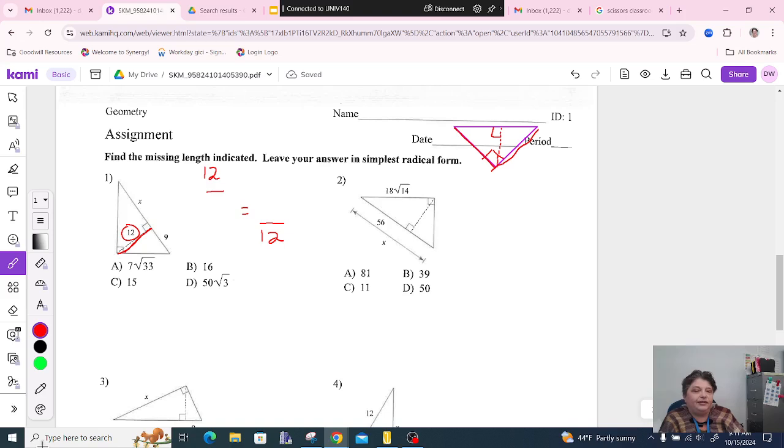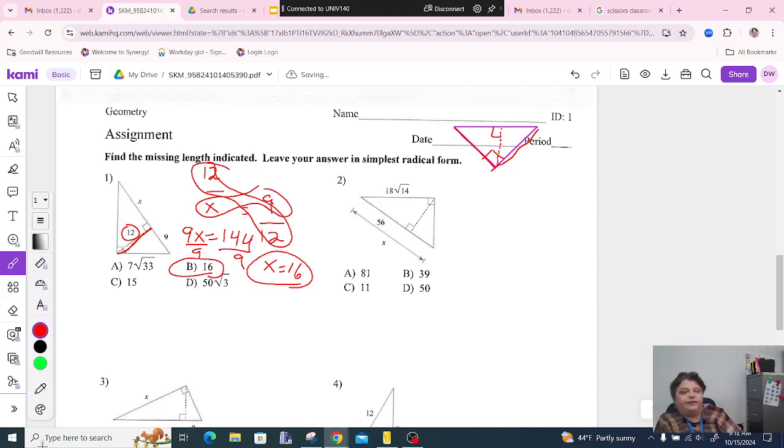So I'm going to do x and 9, right? It doesn't matter. I could have done 9 and x. Now I'm going to cross multiply. 9x equals 144. I don't have to take the square root. I'm just dividing by 9 on this one. So the answer is B. X is equal to 16.